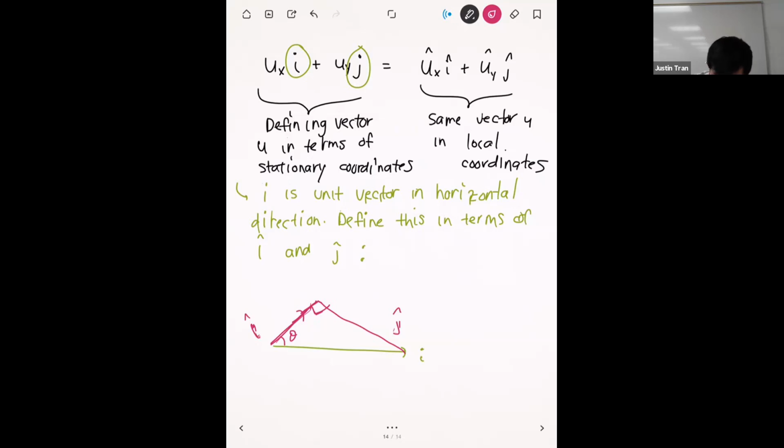Right. And so what we have here is basically a right triangle where the angle that we're going to define this by is the rotation angle, which is the angle that we rotated by to get into these local coordinates. All right. And so let's define the lengths of these sides.